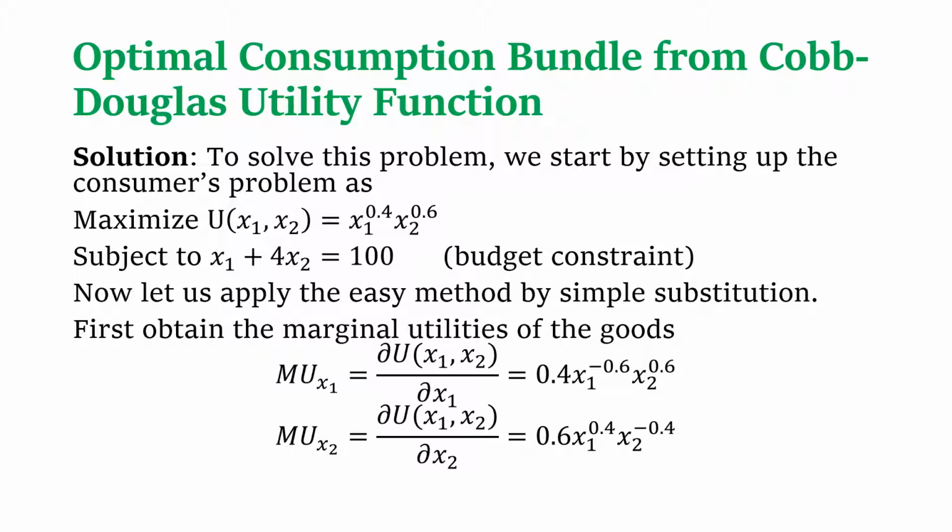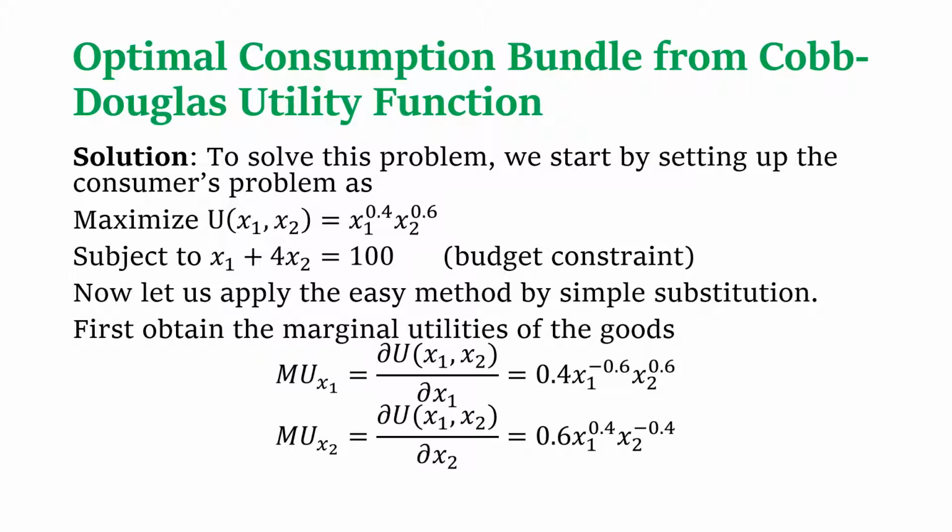Now, what do you notice here? What do you observe in this case? What I did here, I just take the exponent of x1, and then I multiply the whole thing by 0.4.